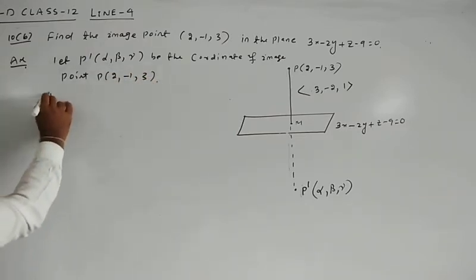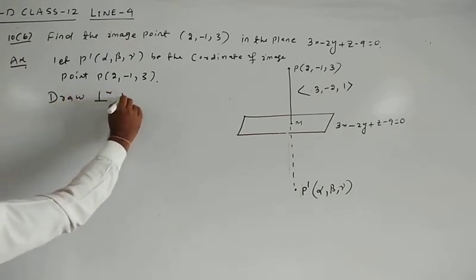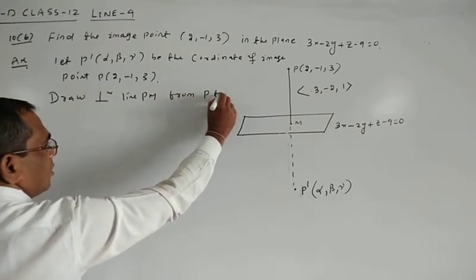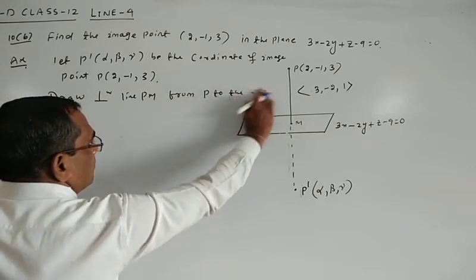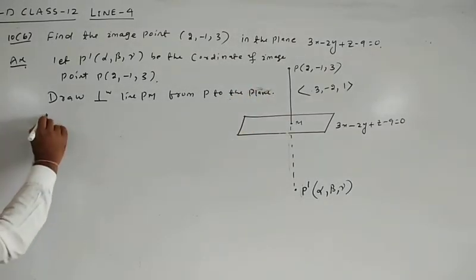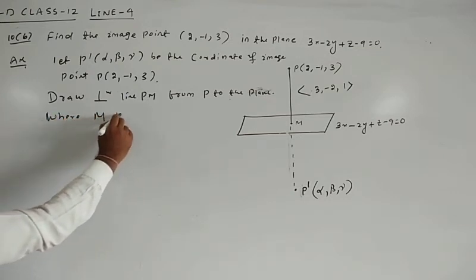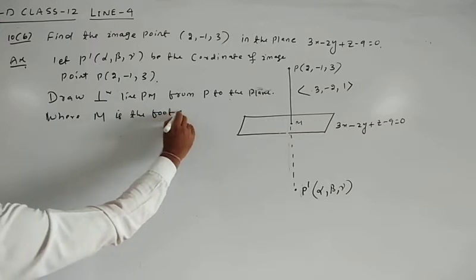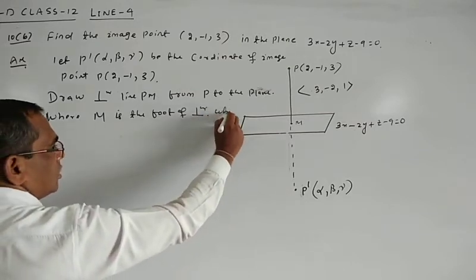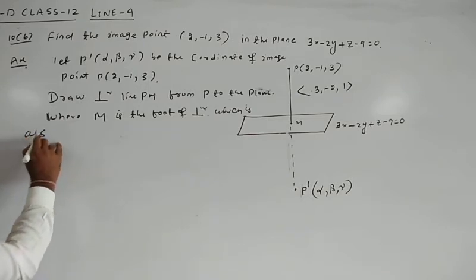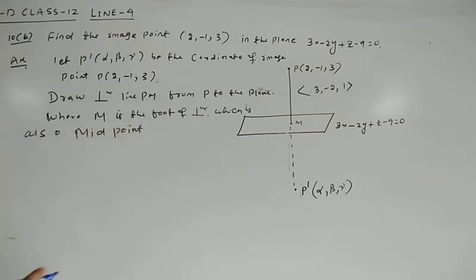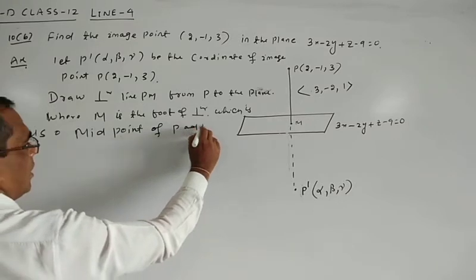Now draw the perpendicular line PM from P to the plane, where M is the foot of the perpendicular, and which is also the midpoint of P and P dash.